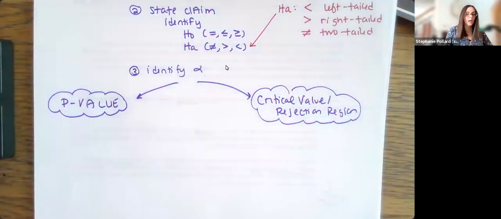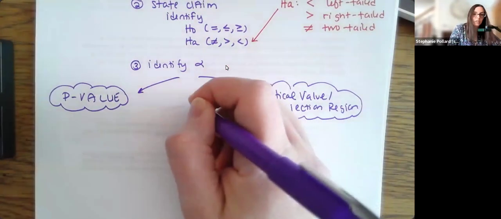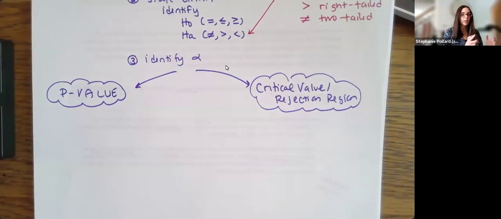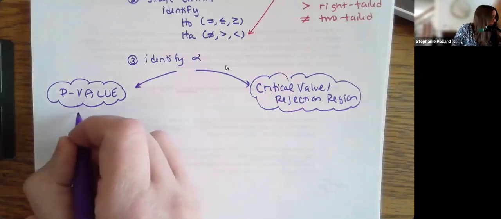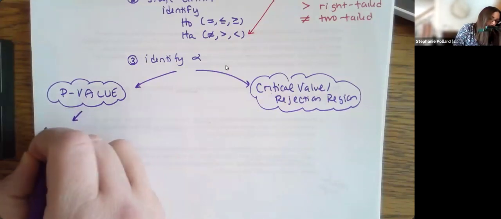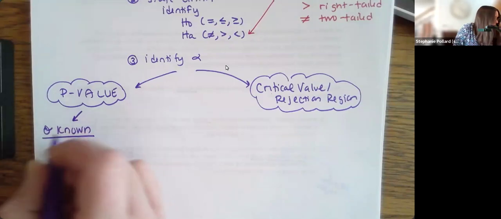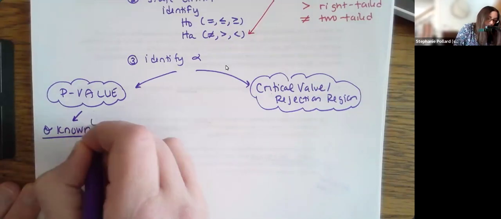And then within those two, we can break them down again into which distribution you're using. So under p-value, if your sigma is known, then you're going to be using the z distribution.